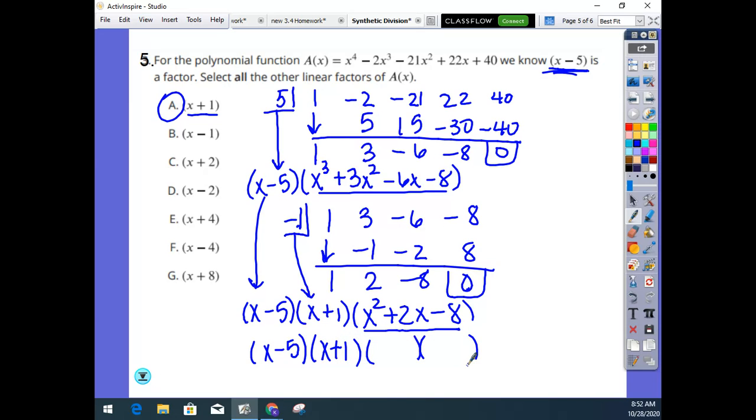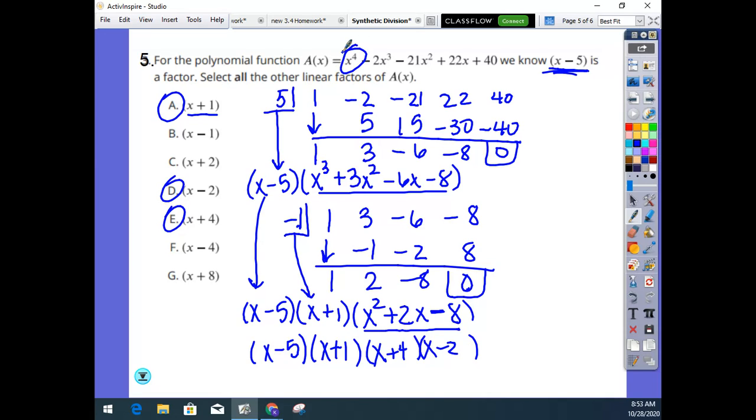So what are my other two factors? Break apart x squared, factors of 8 that subtract to get 2: plus 4, minus 2. So +4, -2.